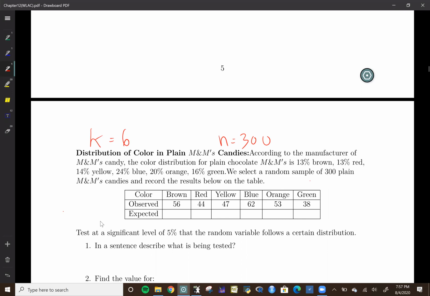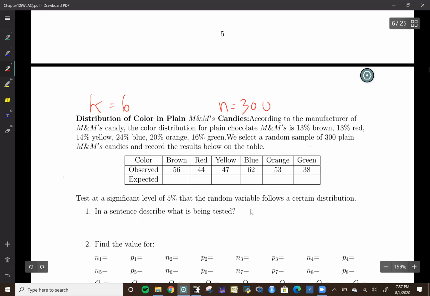All right. If you look at the sentence right below, it says test at a significance level of 5% that the random variable follows a certain distribution. So this is what we're testing. We're trying to test that it follows a certain distribution.